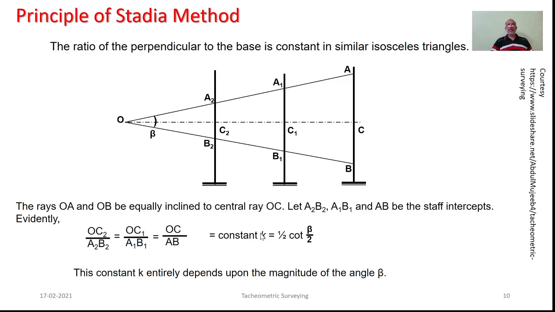It is expressed as a constant, and having considered the angle between rays OA and OB as beta, it can be expressed as 1/2 of cot of beta by 2. As such, this constant K entirely depends on the magnitude of beta.